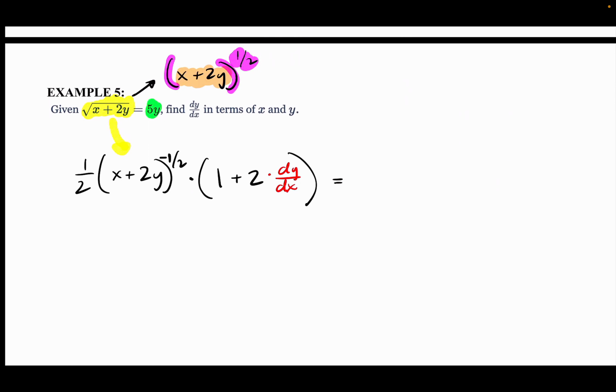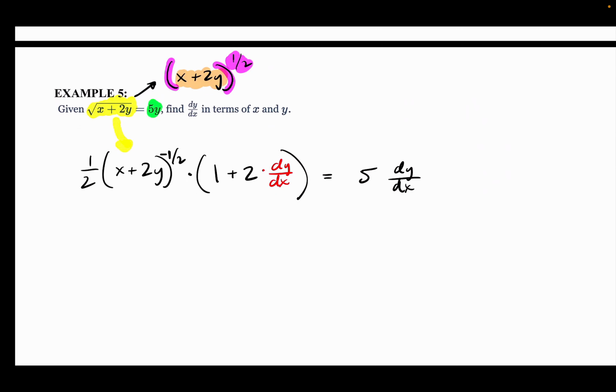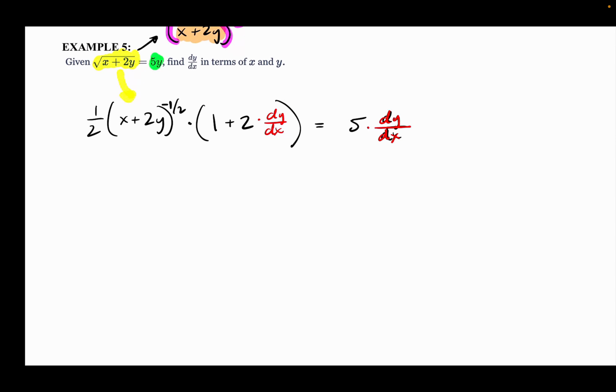Equals. The derivative of this guy is just going to be 5 dy over dx. So I should have done it in... Yeah, so I'm going to have to do what I did on the last problem, which is distribute, because I'm going to have the same issue.